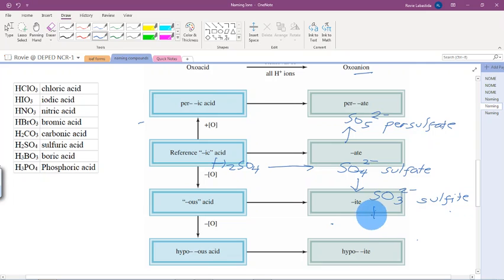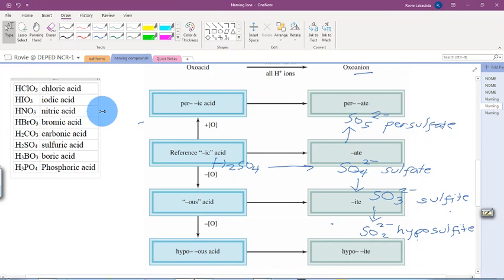And if we remove again 1 oxygen from the sulfite ion, it will become SO2 2 negative, and this is called hyposulfite. There you go. Alright, now let's proceed with another one.